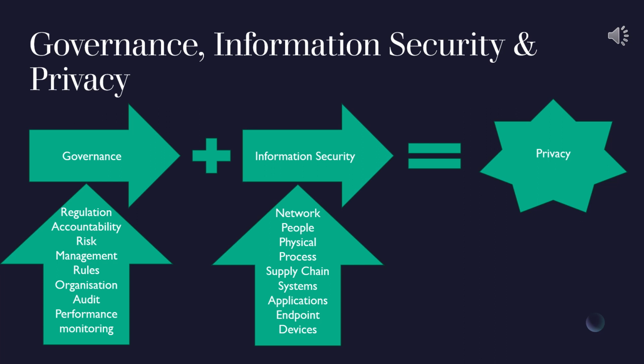You must also include your risk management framework, performance monitoring, the application of data protection rules and audit, and of course your accountability. Information security should be considered from all angles: networks, systems, devices, people, processes, and premises security. This is a holistic approach to securing data.